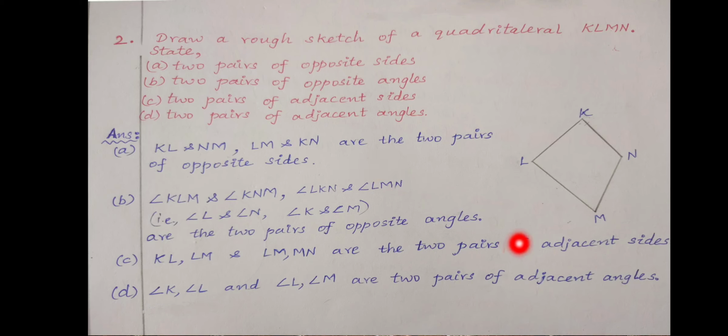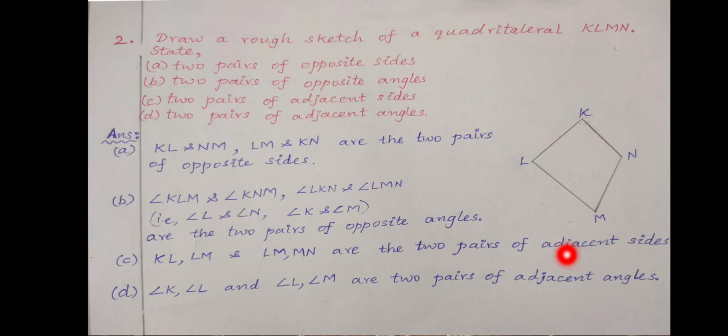Next, two pairs of opposite angles. Angle L, angle N is a pair of opposite angles. Angle K, angle M is another pair of opposite angles. Angle L can be written as angle KLM. Angle N is angle MNK or KNM.